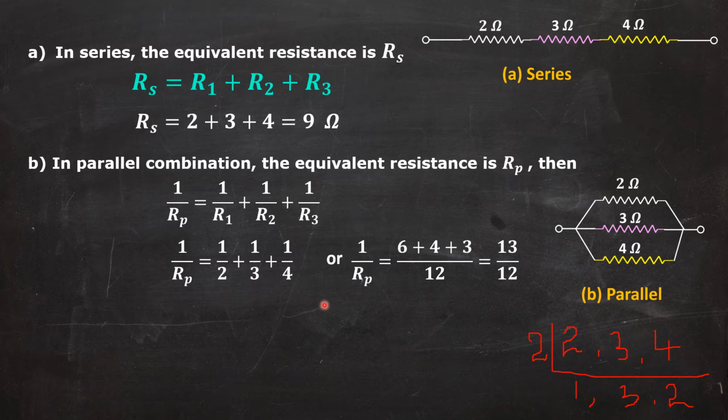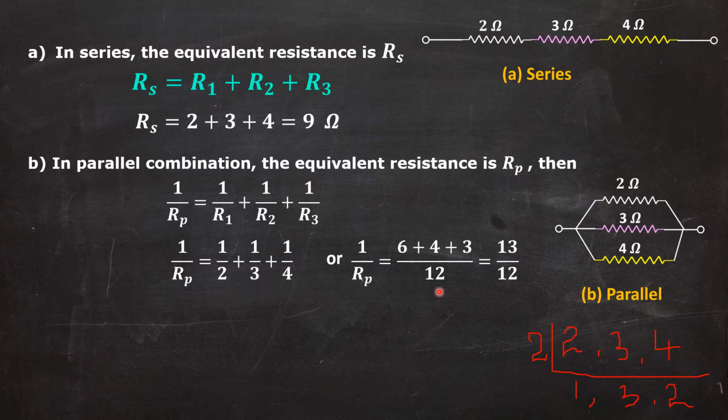Now we have to divide the LCM by the denominator and multiply the quotient by the numerator. So if 12 is divided by 2, 2 6s are 12. We get 6 as quotient, 6 into 1 is 6, and in this fraction let us divide the LCM by 3. 3 4s are 12. 4 is the quotient, 4 into 1 is 4.